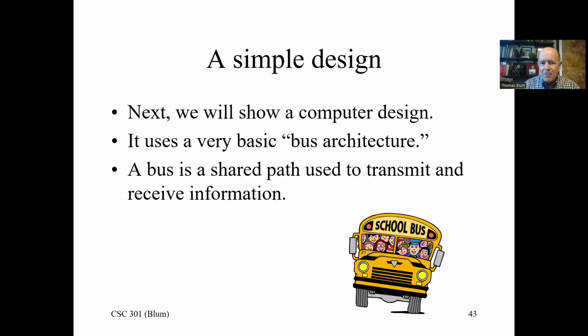Okay, so we're going to imagine a simple design to have this discussion of what microcode is. It is going to have what we call a bus architecture. So you have all these pieces, these registers, the memory, the ALU, and they need to exchange information.